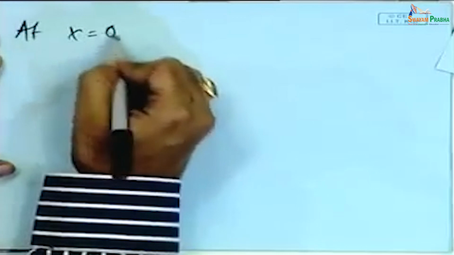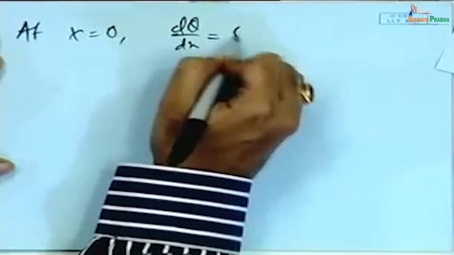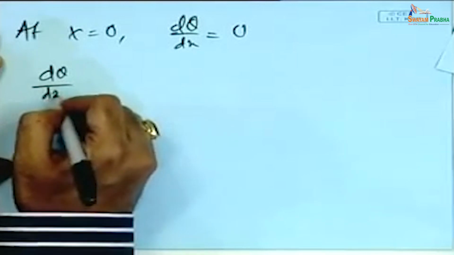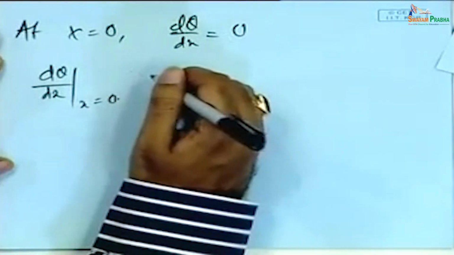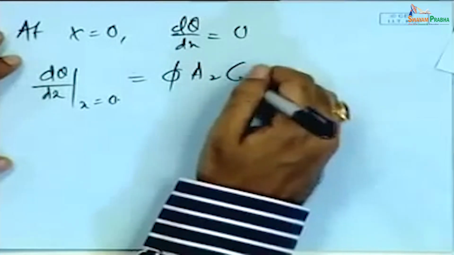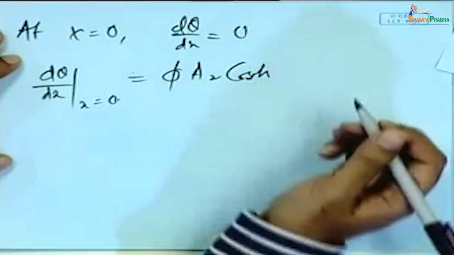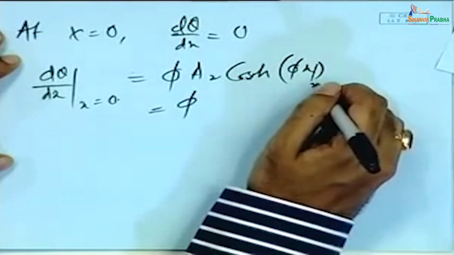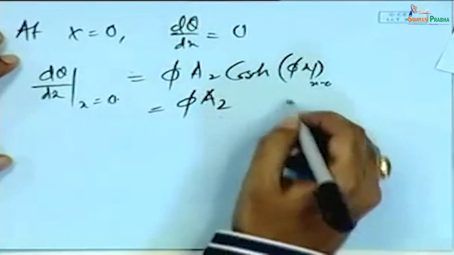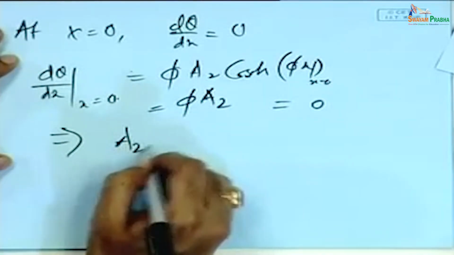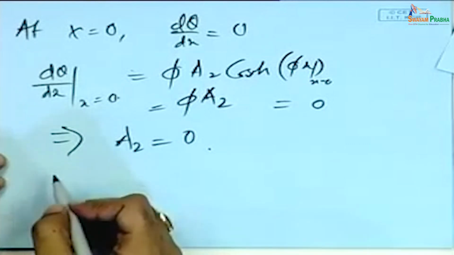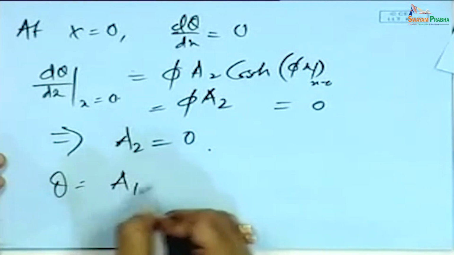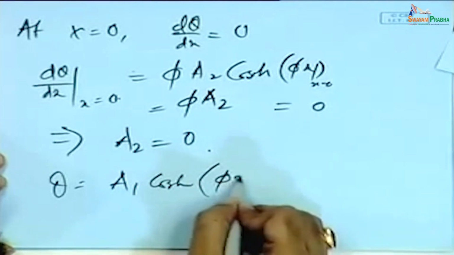Okay. So, next step is that at x equals 0, del theta del x equals 0. So, del theta del x at x equals 0 turns out to be phi times a2, which is 0, which implies that a2 equals 0, right? So, what you get is theta equals a1 cosine hyperbolic phi x.